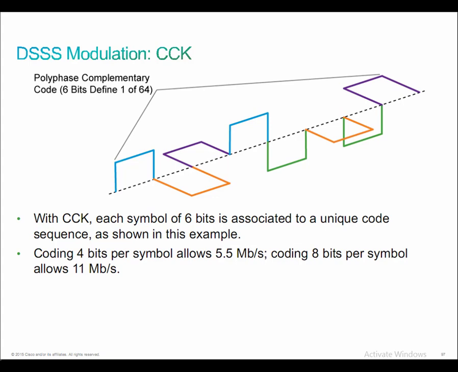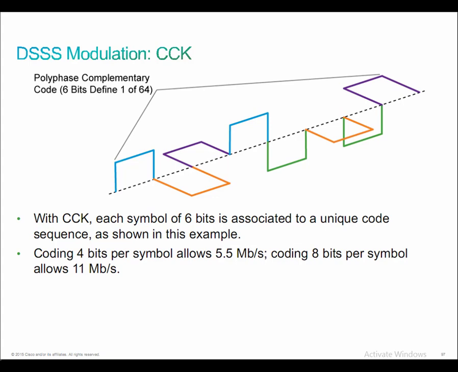CCK uses a group of 4 bits, and it encodes them in chips of 6 bits each instead of 11 bits. So we had an 11-bit chip to represent 1 bit of data, but in CCK we group data into 4 bits, and we encode each of those 4 bits using a 6-bit sequence, if that makes sense. We then associate a complex and unique symbol for each chip.